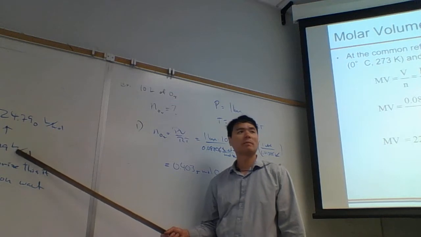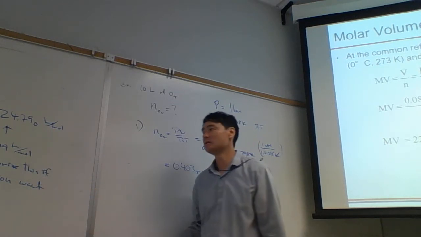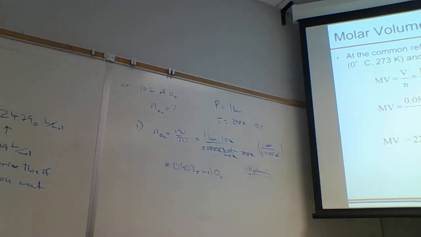If you have this number memorized, look at what happens here. If you have 10 liters of oxygen, we go 10 liters, and then for every mole, we have 24.79 liters. Do you see that? And then I have the answer here.